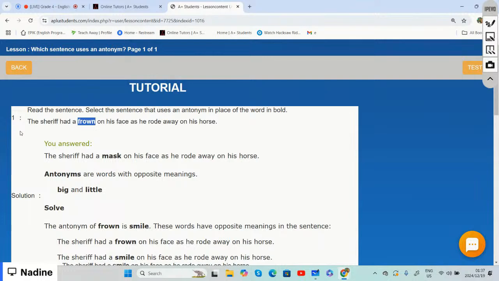All right. So, frown. What do you think is the opposite of frown? If somebody is frowning, like the way they pull their face.